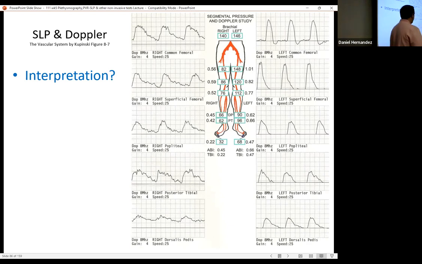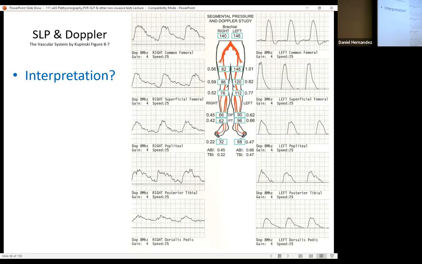That's choppy movement, so this is probably the patient not sitting still while resting. The TBI is very low, and the brachial index is very low. So we know it's abnormal bilaterally, and the right is worse than the left.